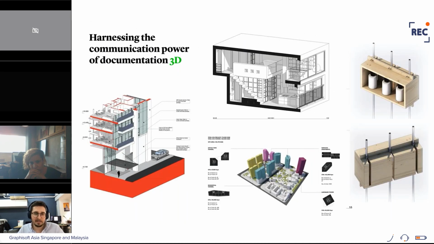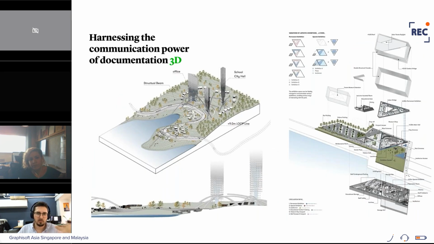We use Archicad among other tools, but Archicad is our main tool. We use it to enhance the way that we communicate and develop our design. So from facade details to master plan diagrams, to 3D sections, or furniture details, or just for competitions, we try to keep inside Archicad all of these parts or products of the design process.